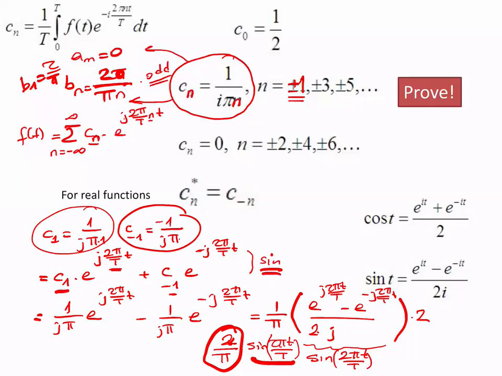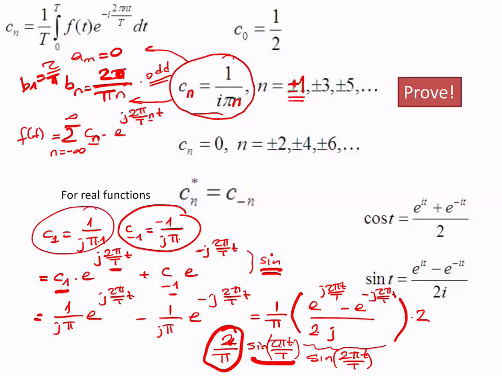So if I have a real function, I can obtain Cn's as complex numbers, but really they are sines and cosines. It doesn't look like a sine and cosine in the first place, but if you are careful enough, you will see that this is really a sine signal if you have plus and minus 1, plus and minus 3, plus and minus 5.